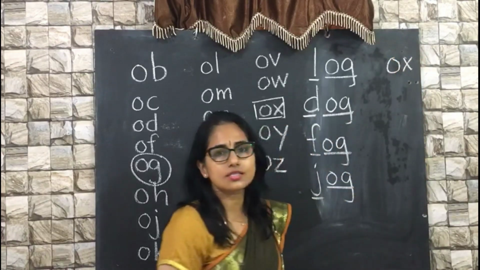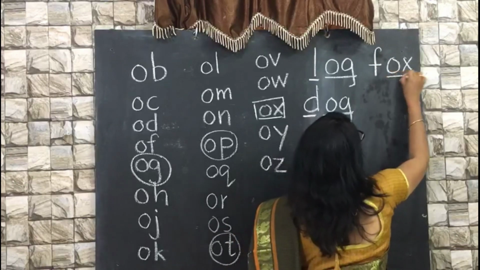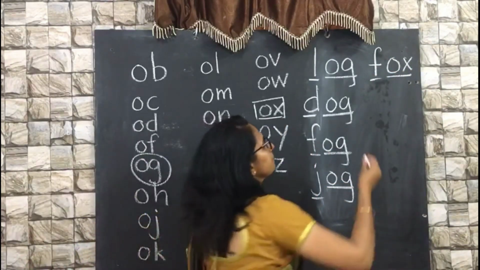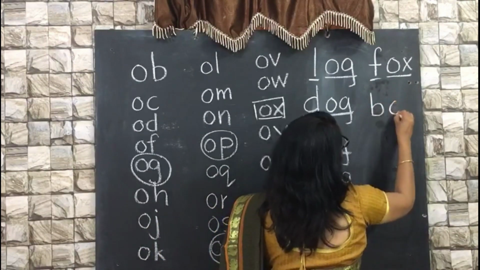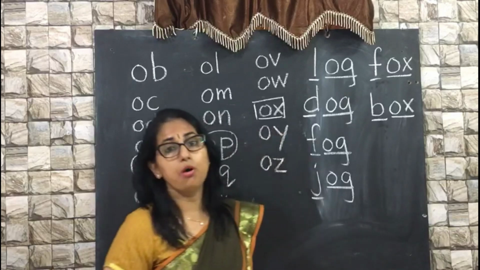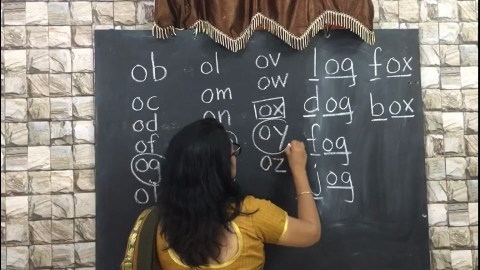Ox. Join F along with this. F, ox, fox. Right? B and ox. B, ox, box.